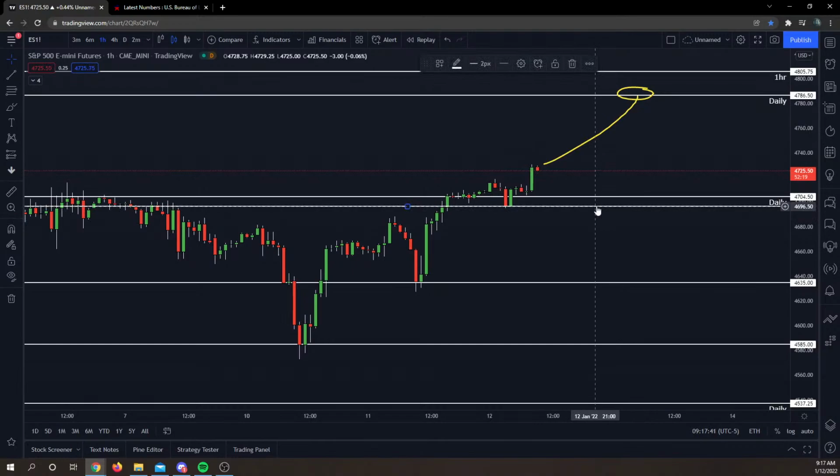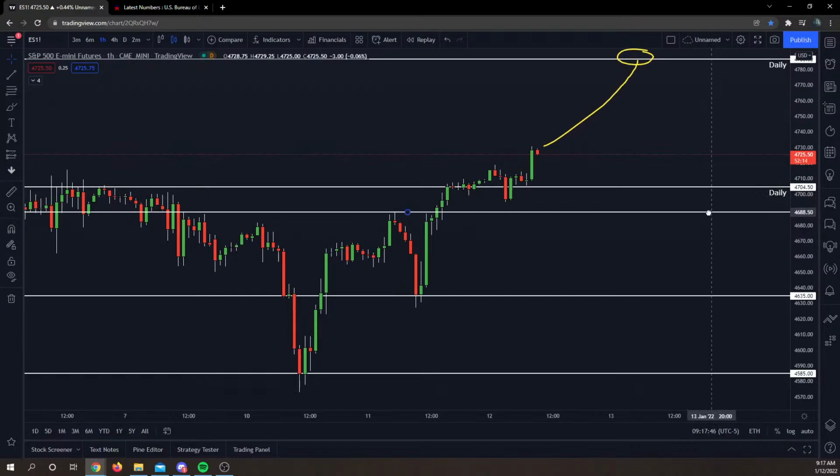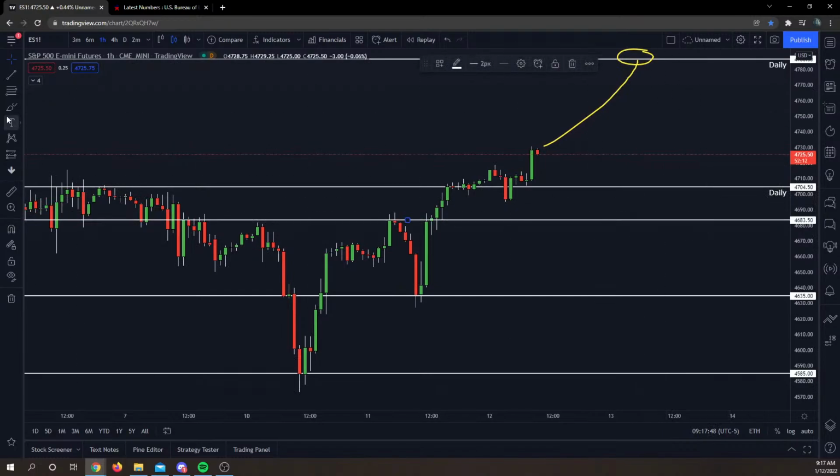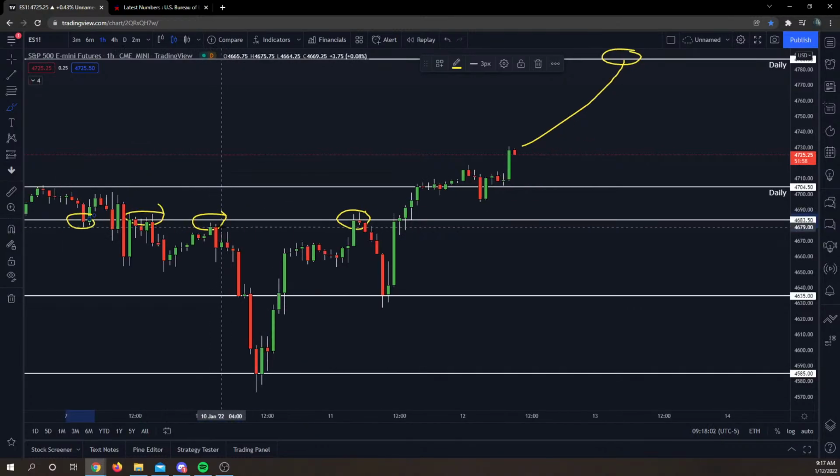I almost don't want to mark this 46.96 level because it's so close to our daily support. So what we'll end up doing is we'll scoot this down a little bit because of this area right here. We had used this area as a support a little bit. We had tried to pop back over this resistance once we had identified it as a support. We broke below it, came back up to this area as a resistance, flushed below, and made another support.